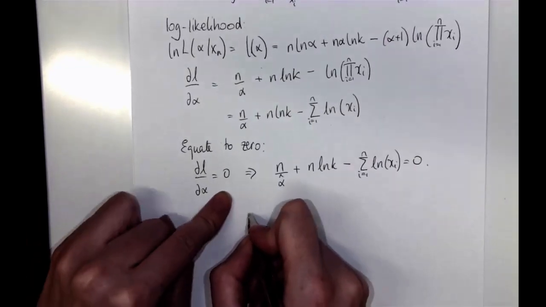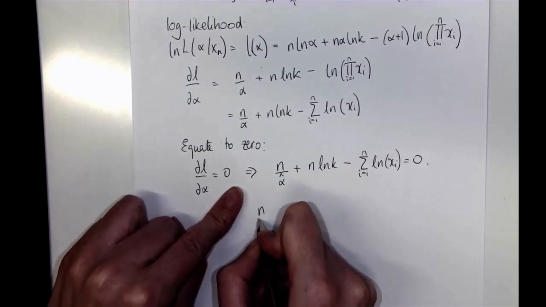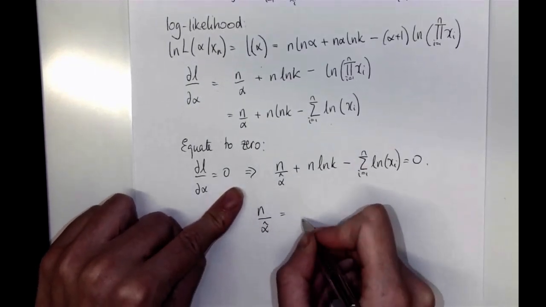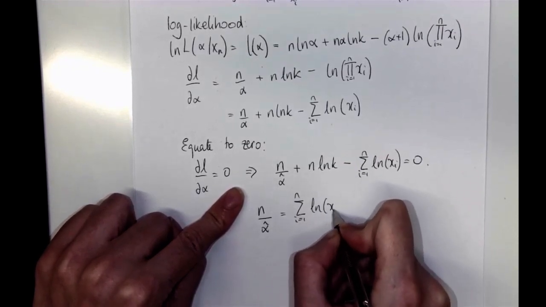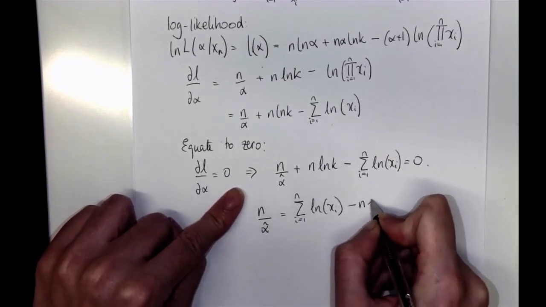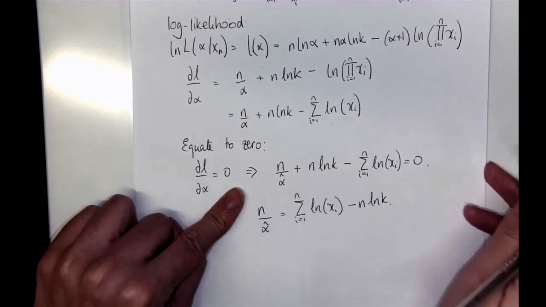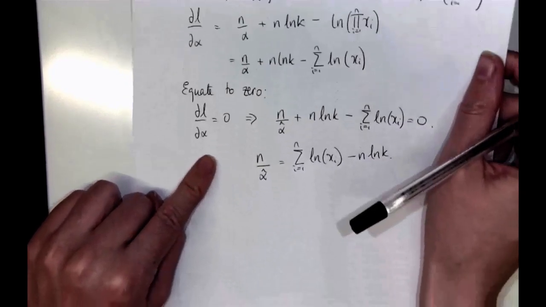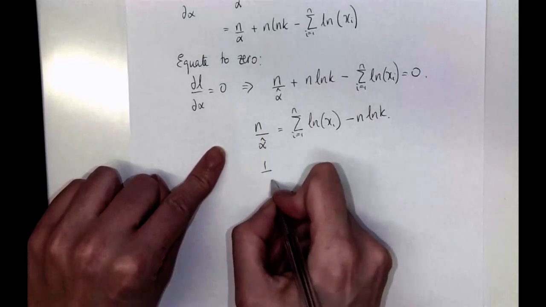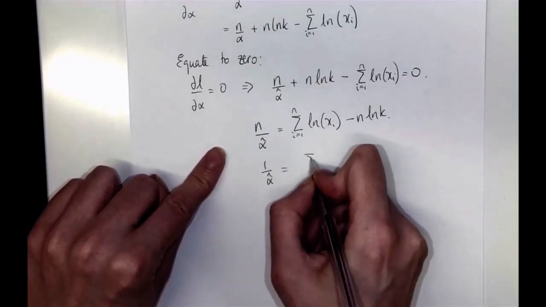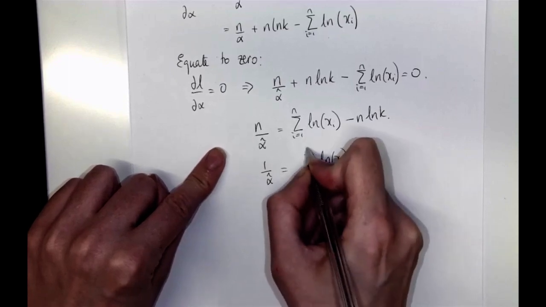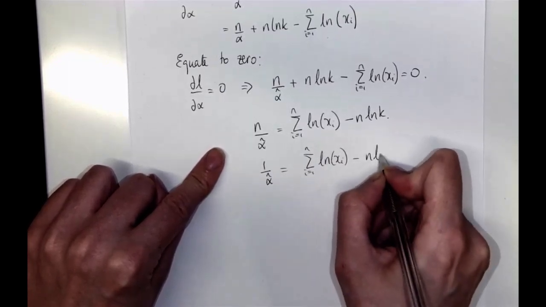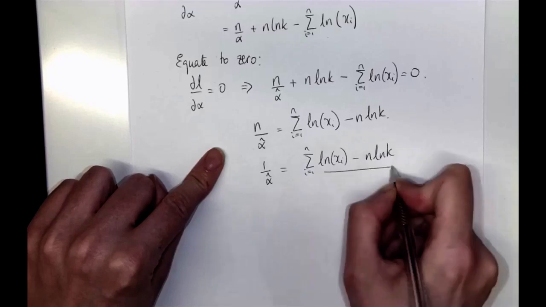So we start by solving for n over alpha equals the sum from i equals 1 to n, the natural log of xi minus n, the natural log of k. Divide through by n, get 1 over alpha hat is equal to the sum, the natural log of xi, with i 1 to n, minus n, the natural log of k, divided by n.